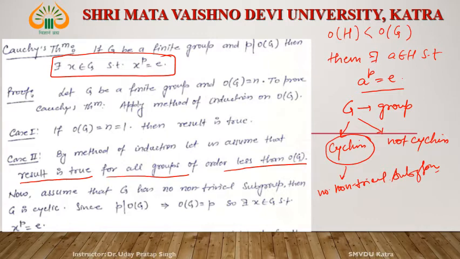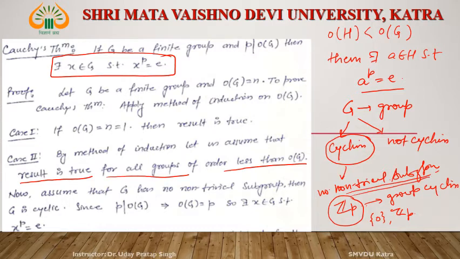It means G is something like Z_P. Z_P is a group with respect to addition modulo P, where P is a prime number. This group is cyclic and its subgroups are 0 and Z_P itself. It means Z_P does not contain any non-trivial subgroup.